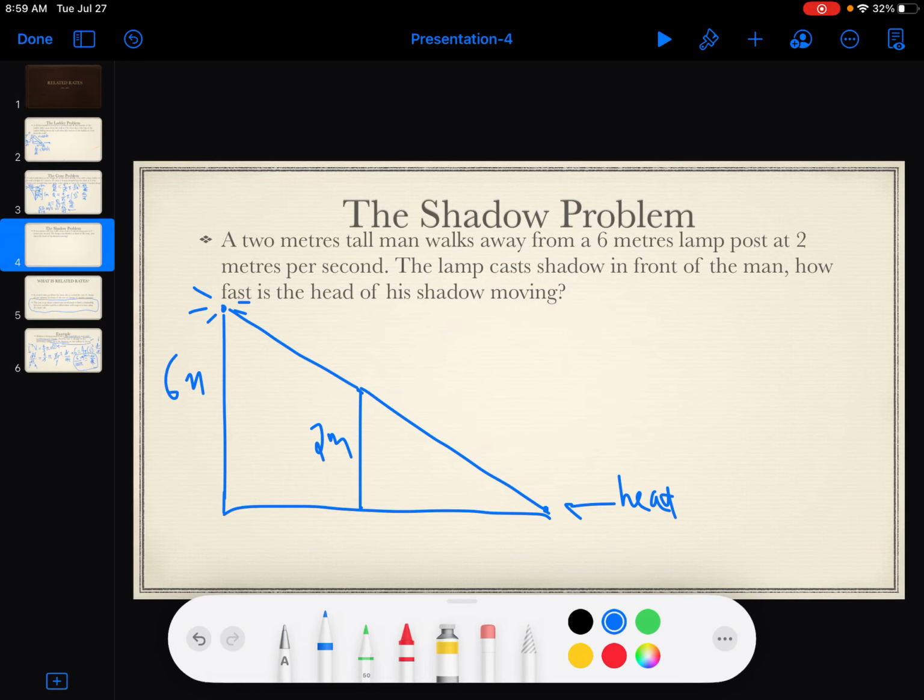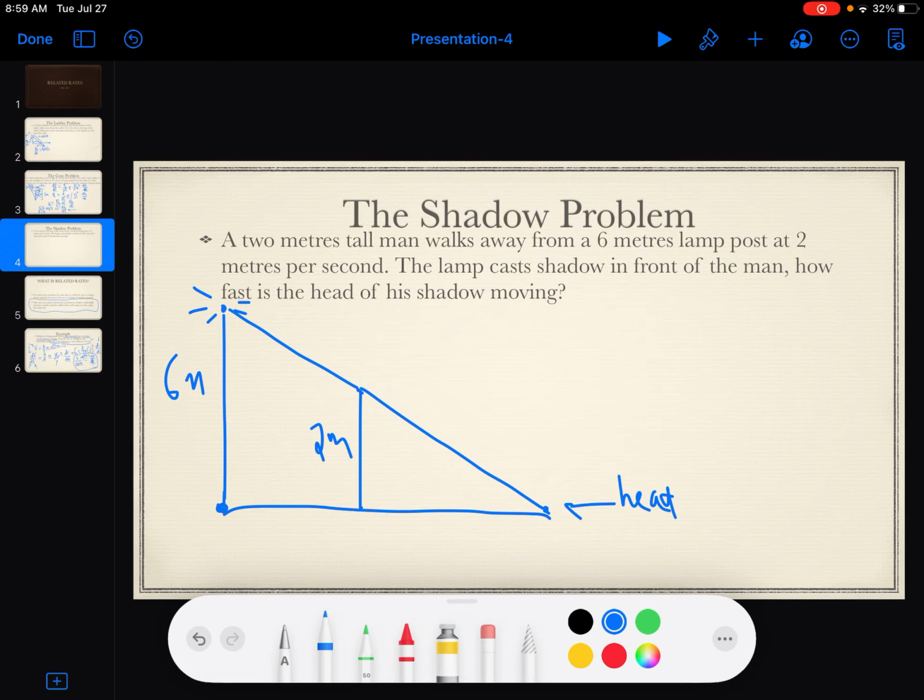And, well, what are we given? We're given that this man is walking at 2 meters per second from the lamppost. And we could think of this lamppost as the origin. If I put this on a Cartesian plane, this would be the origin.